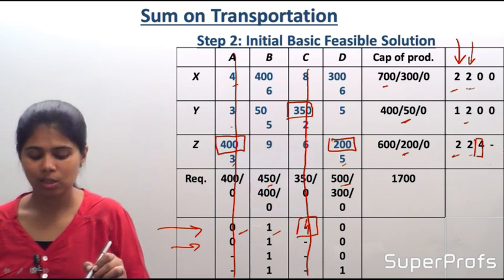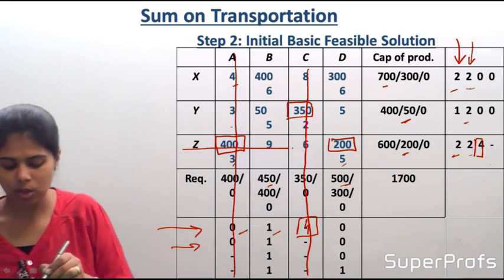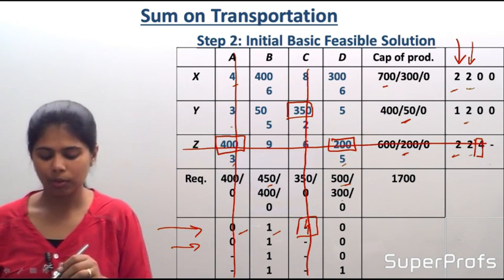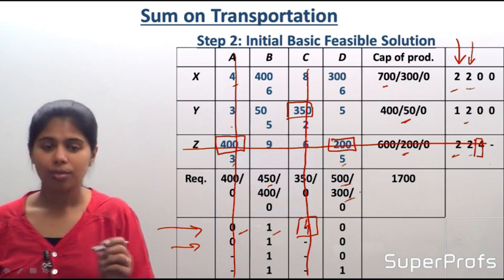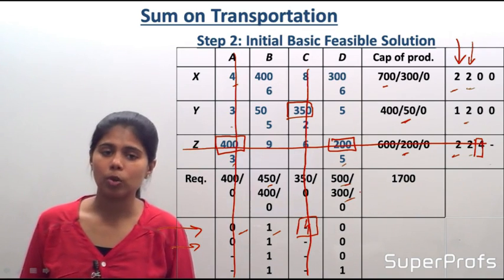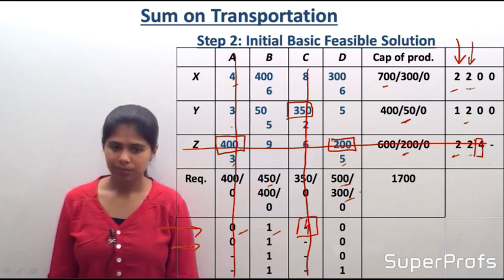This is exhausted. I had 200, now it becomes 0. So Z is exhausted for me, and over here I am left with a requirement of 300, which is 500 minus 200. I have to redo this process.